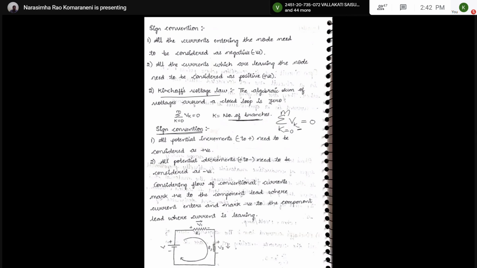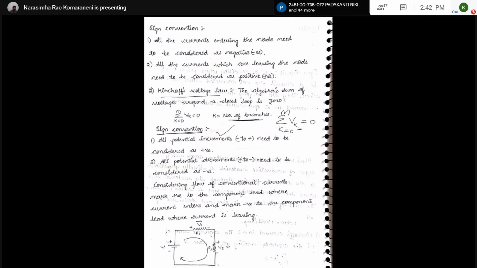What do you mean by potential increment? Potential increment means if the conventional current is entering at the negative terminal and leaving at the positive terminal, then we call it a potential increment.